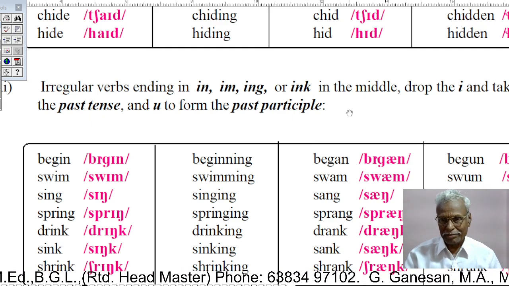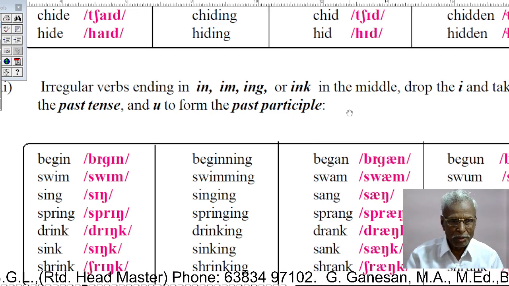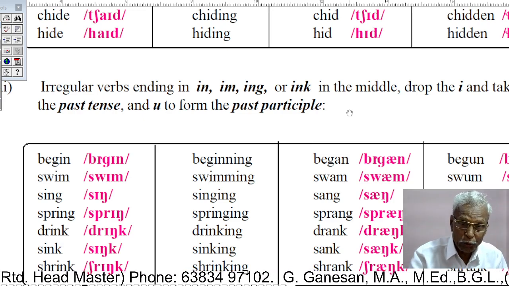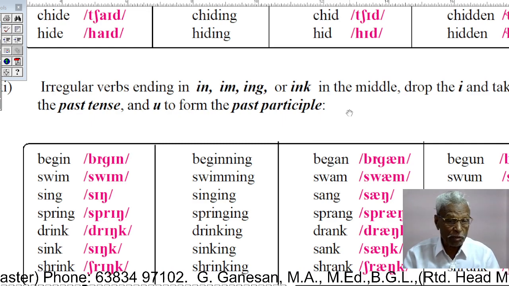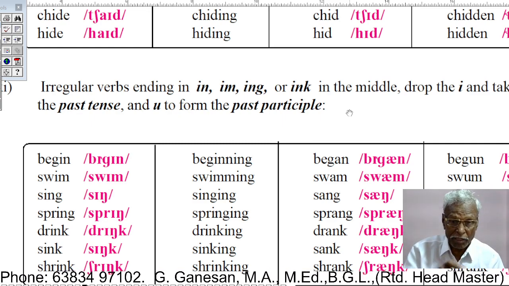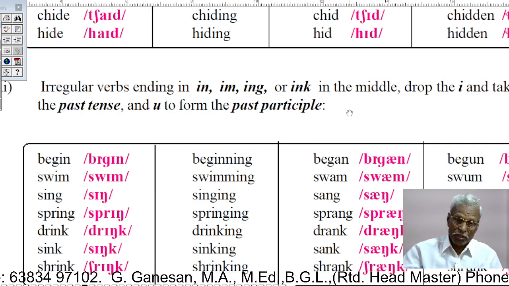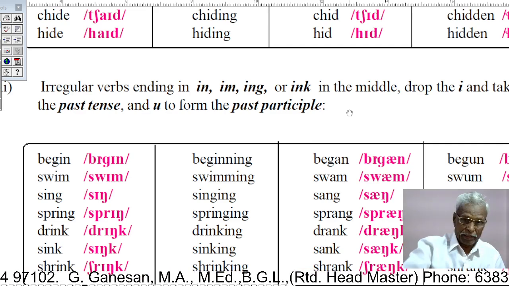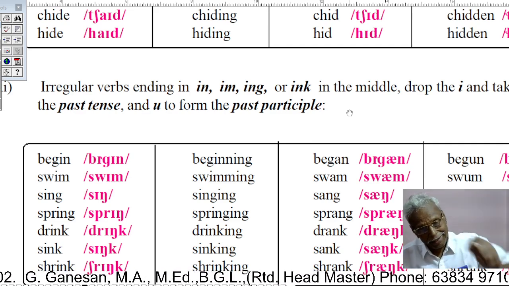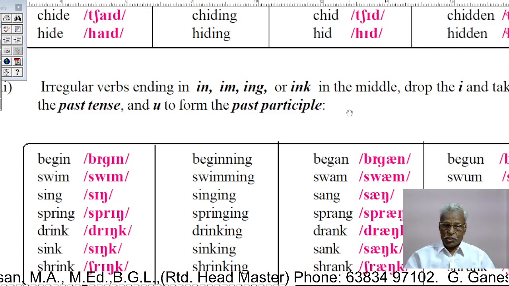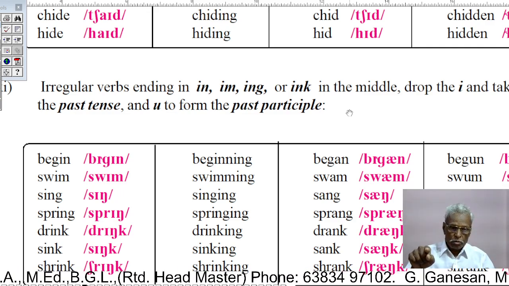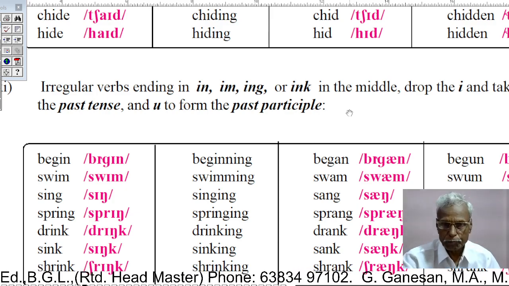Drop the I and take A to form the past tense and U to form the past participle. That is, irregular verbs having IN, IM, ING or INK: drop the I and take A to form the past tense and U to form the past participle.